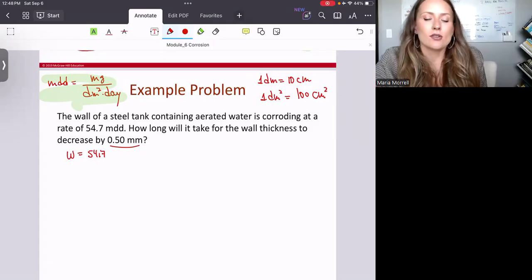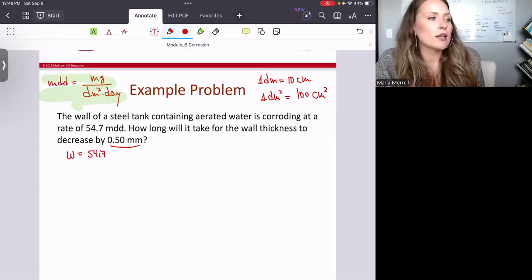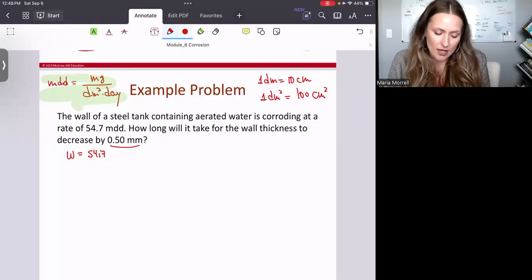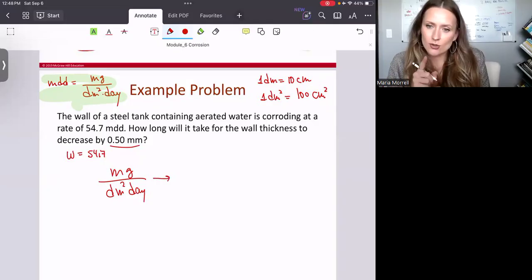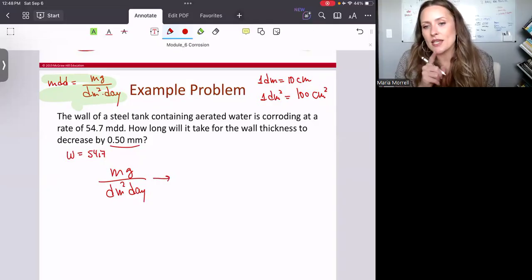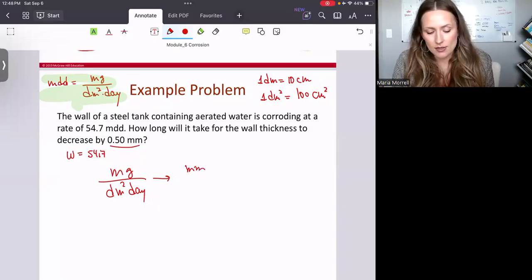Okay, so how do we approach this problem? Perhaps I'm going to show you the easiest way to achieve that. I am given milligrams per decimeter squared per day. What I would like to do is go from these units to millimeters, since the thickness of the wall is given in millimeters.